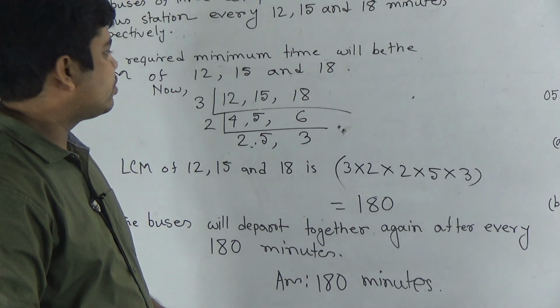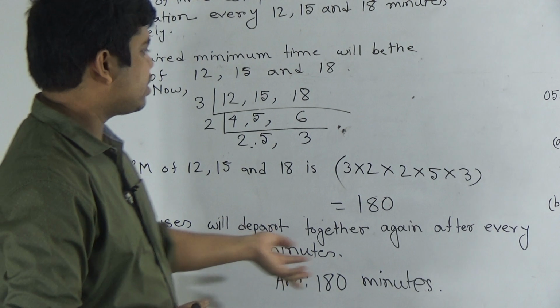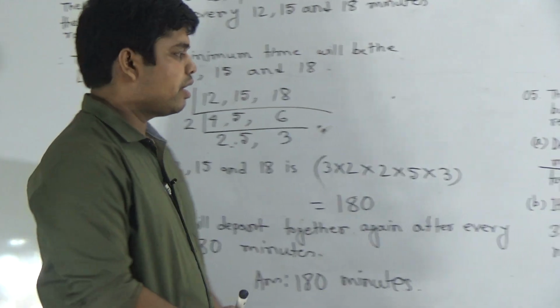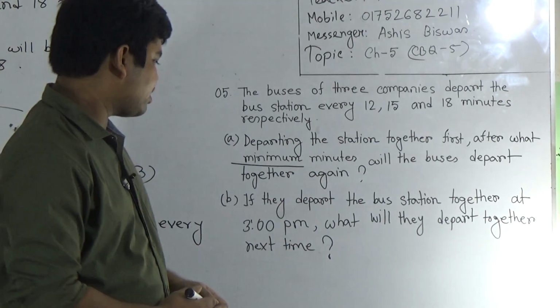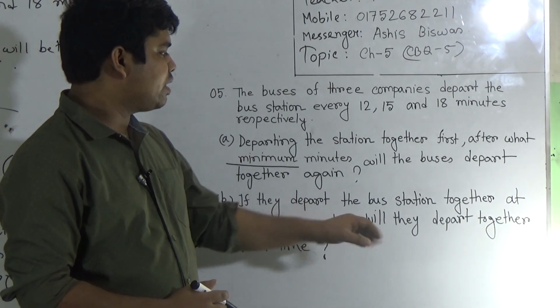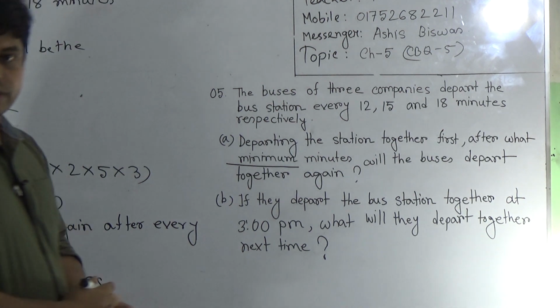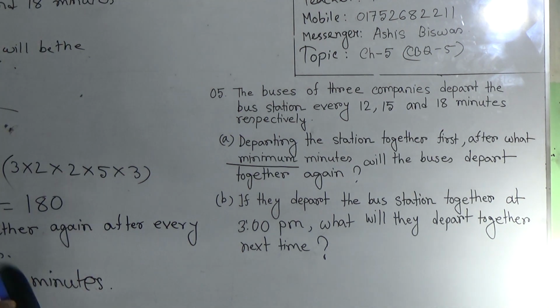We need this information to solve question number B. Here question number B is, if they depart the bus station together at 3 p.m., when will they depart together next time? So first of all we write given that.